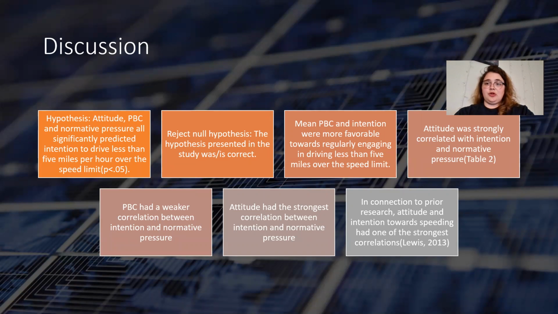And attitude was strongly correlated with intention and normative pressure, as you saw in Table 2. PBC had a weaker correlation between intention and normative pressure. Attitude had the strongest correlation between intention and normative pressure. And in connection to prior research, attitude and intention towards speeding had one of the strongest correlations.